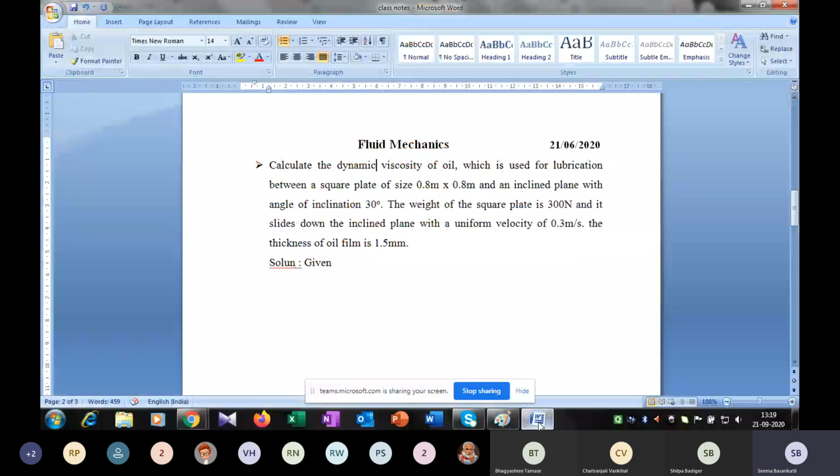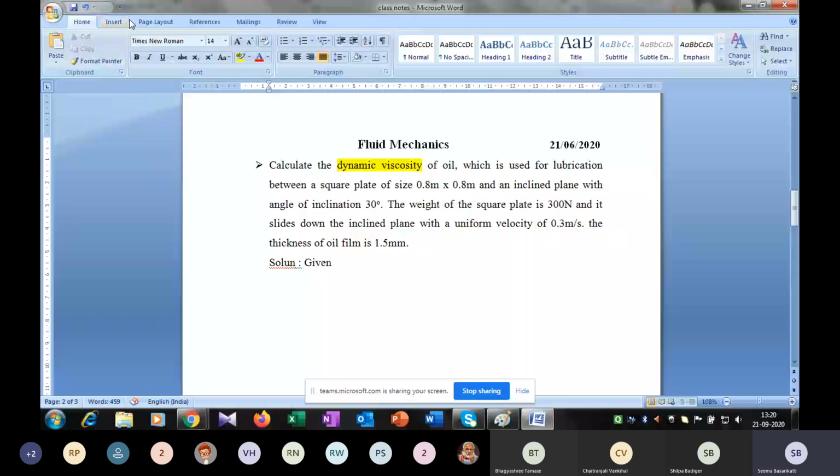Now write all the given things. So calculate the dynamic viscosity. Dynamic viscosity is indicated by which symbol? Mu. Very good. So it is mu.